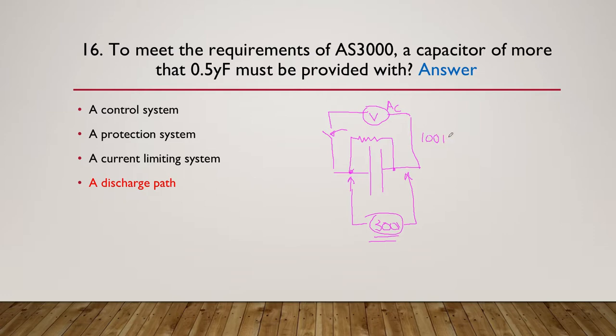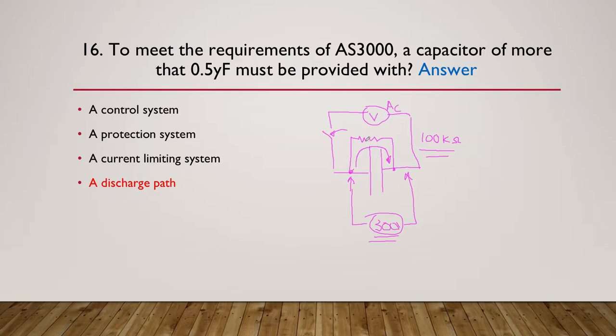So 100k ohms, and that provides a discharge path through the resistor whenever the supply has been isolated. It may take 10 or 15 minutes to discharge, but that's okay, and that's what has to be done.